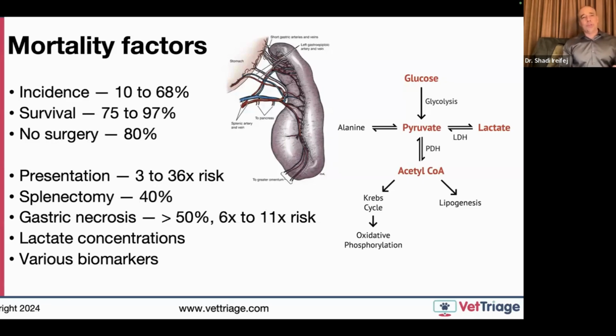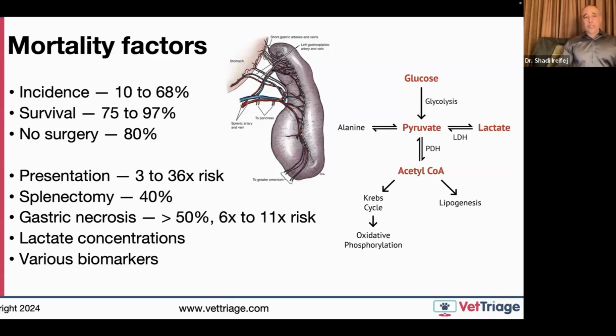Incidence of 10 to 68%, survival somewhere between 75 to 97%. If there's no surgery involved, 80% mortality, of course. These are going to come back, the GDVs. How they present themselves initially, if they're in a coma, for example, or obtundant, that gives them a 3 to 36 times risk for increased mortality from this disease.